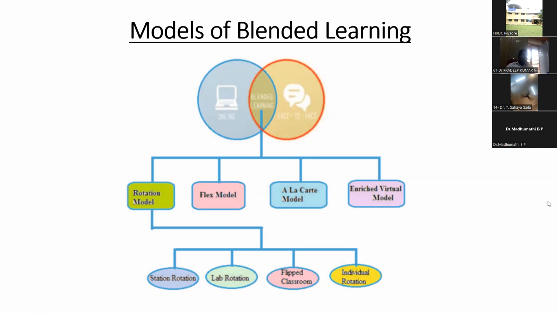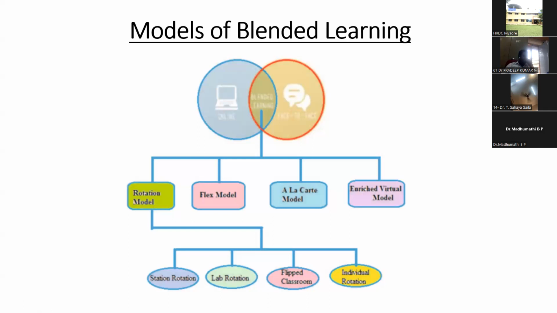Okay. Next one, let's see on this picture, is the enriched virtual model. In the enriched virtual model, students are provided the course or subject mainly online, and instruction also will be given online. So definitely the name, I need not explain.